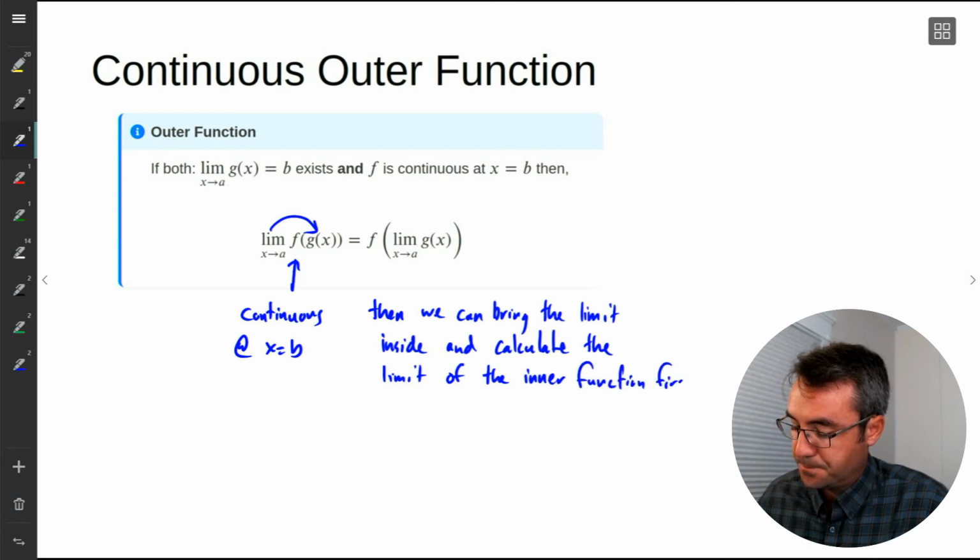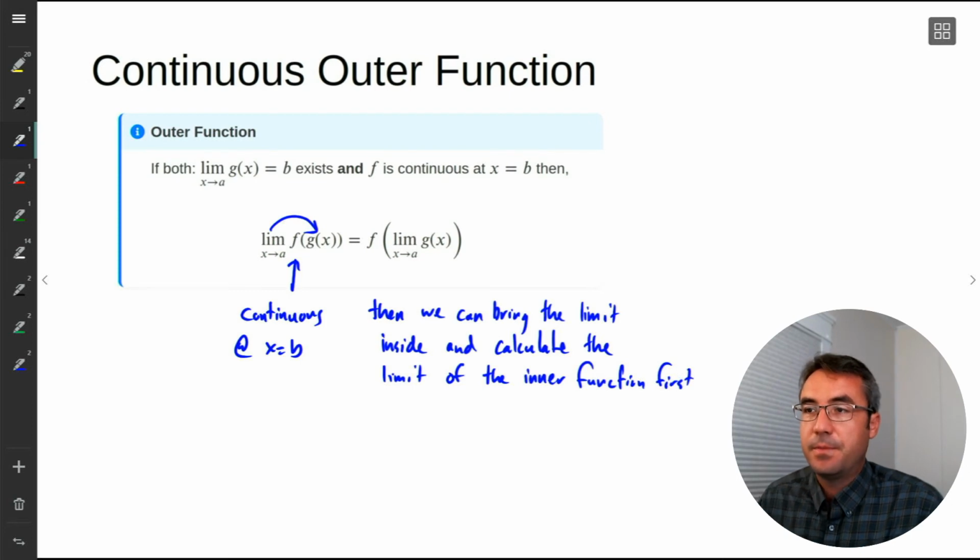All right, and that's all because we know our outer function here is continuous. So if our outer function is continuous, we can bring that limit right on through and do the limit of just the inner function. So it simplifies a little bit of the complexity in terms of calculating limits.